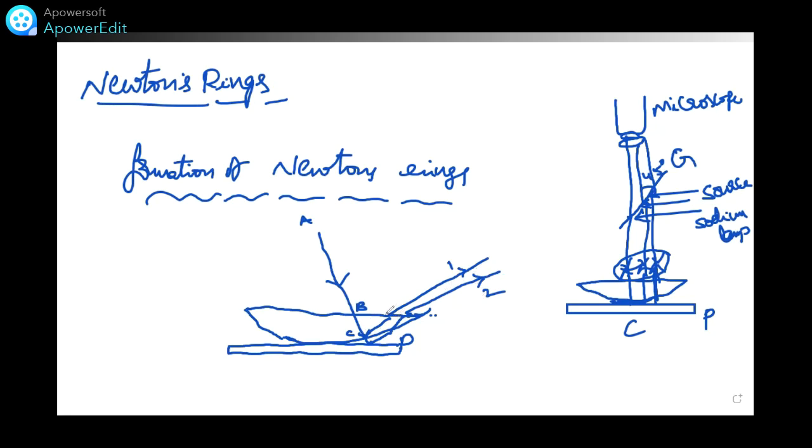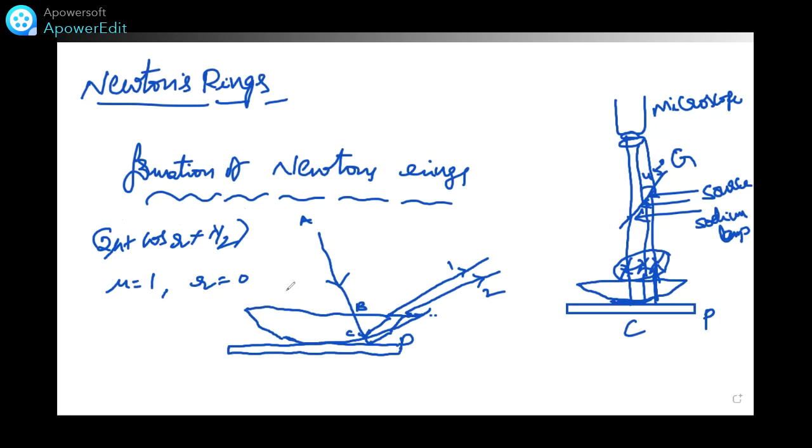Since the rings are observed in reflected light, the path difference between them is 2 mu t cos r plus lambda by 2. For air film, mu is equal to 1.